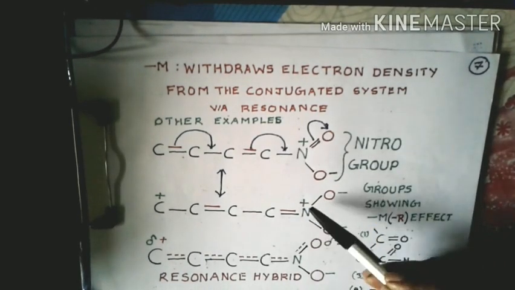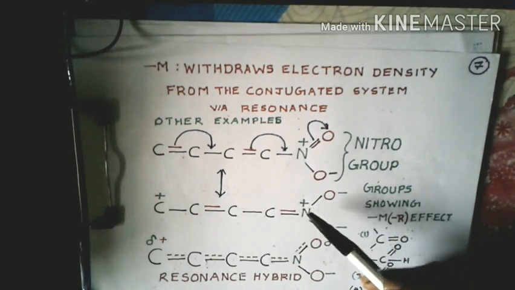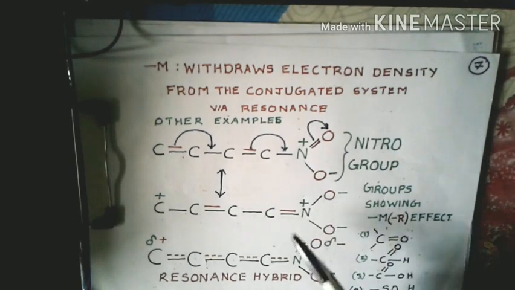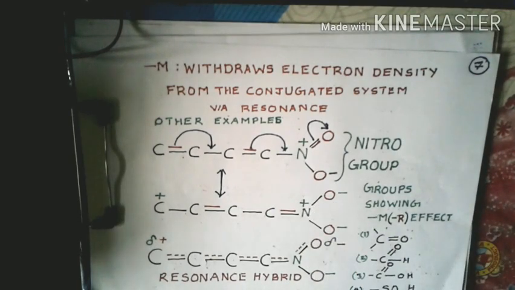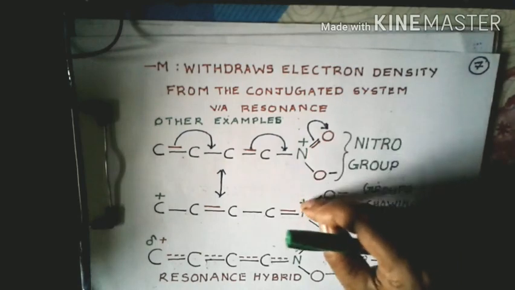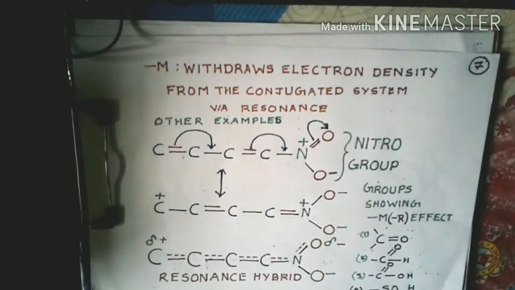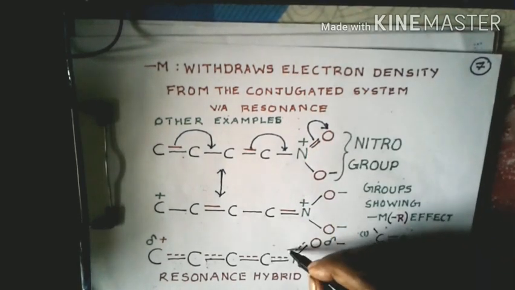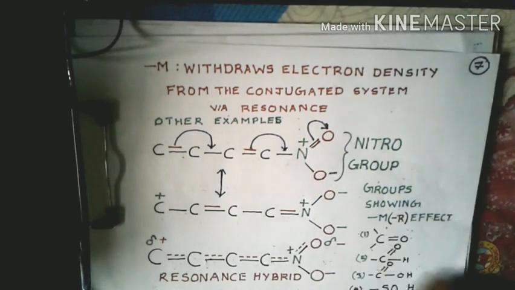So nitrogen carries a positive charge in the second structure, in the second canonical form, and the carbon end carries a positive charge. So in the resonance hybrid, nitrogen will possess the same positive charge, because in both these canonical structures nitrogen possesses +1 charge. So we should write a plus charge here.